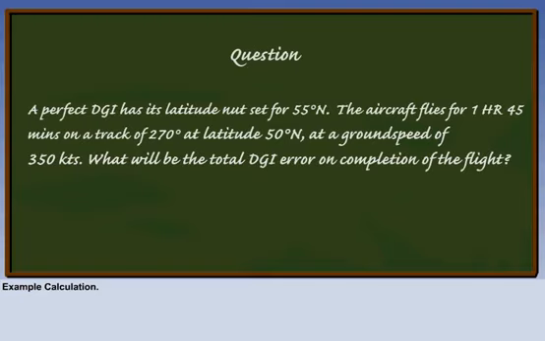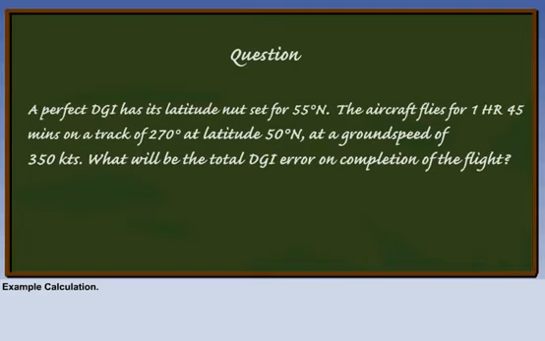It sounds obvious, but in answering a calculation question, the first thing to do is to read and understand the question. This simple point is regularly overlooked, so with this in mind, let's look at a typical question. A perfect DGI has its latitude nut set for 55 degrees north.